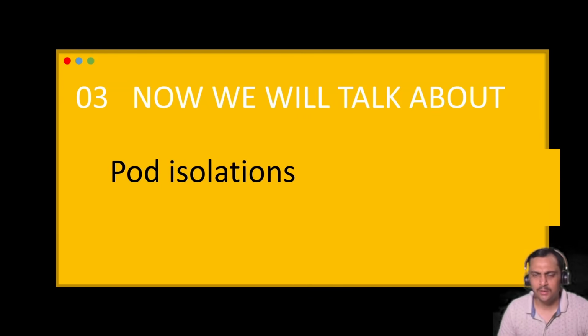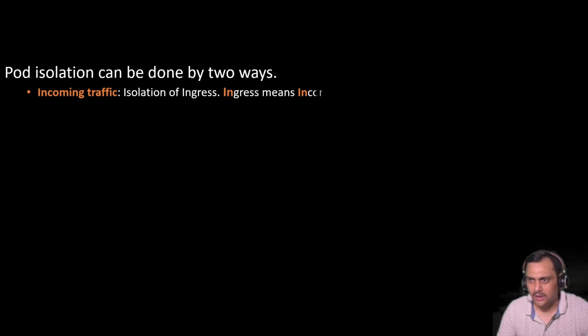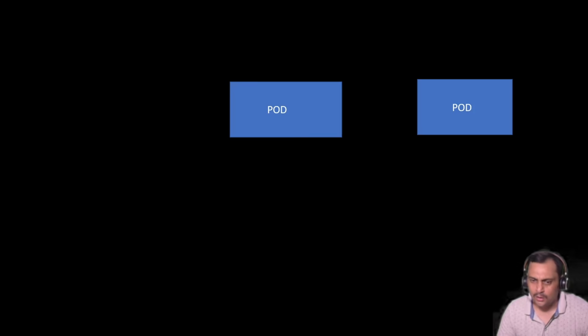Now, how can we do pod isolation? It means how can we restrict the incoming or outgoing traffic of pods. Pod isolation can be done in two ways. The very first one is incoming traffic, isolation of ingress. Ingress means incoming traffic. Remember, I equal to incoming traffic. Now let's suppose we have two pods.